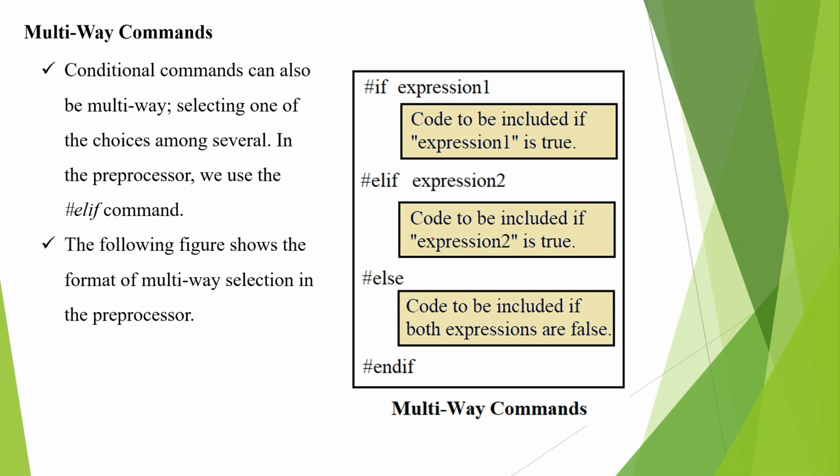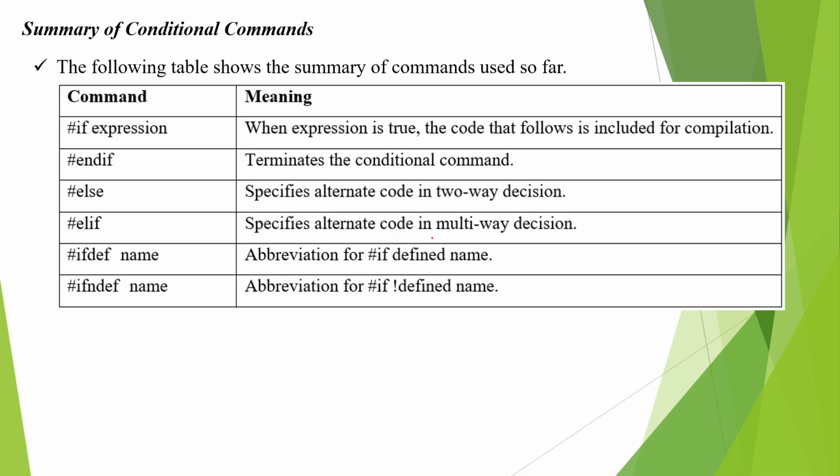You can use if, elif, else, and endif tokens to make a chain of if elif statements. We also call them if elif ladders. You can make them using this multi-way command. This is the complete summary of the preprocessor commands we have discussed so far.